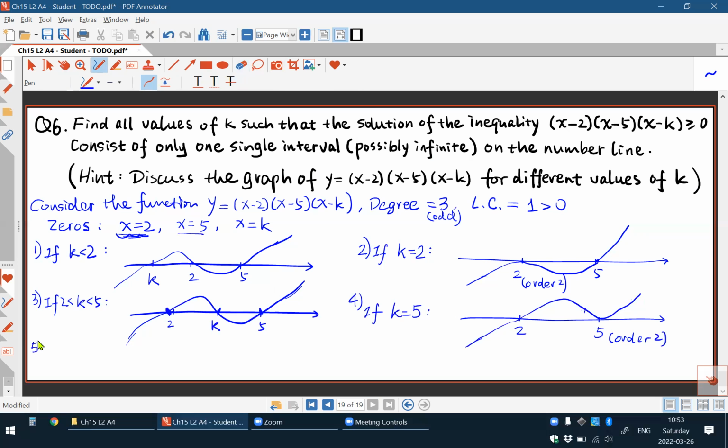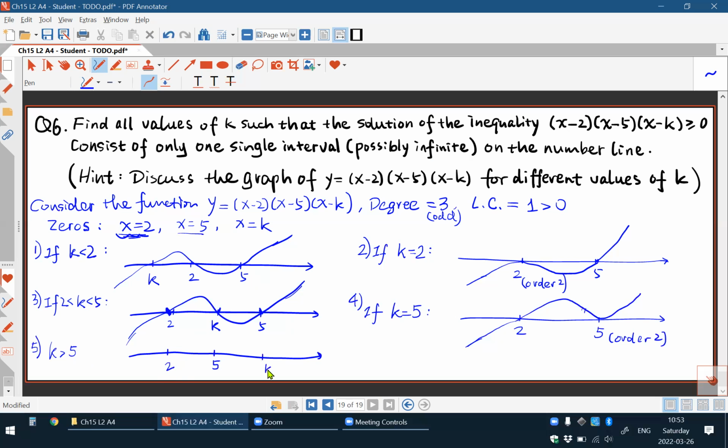How about the 5th case? Okay, I can wait for a little while. Okay, last case is k can also be greater than 5, right? So if k is greater than 5, then the relative positions among these 3 zeros are 2, then 5, then k, right?